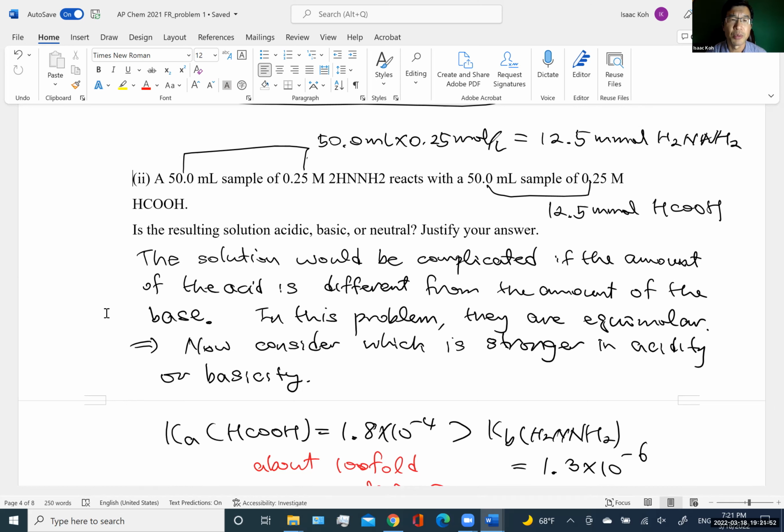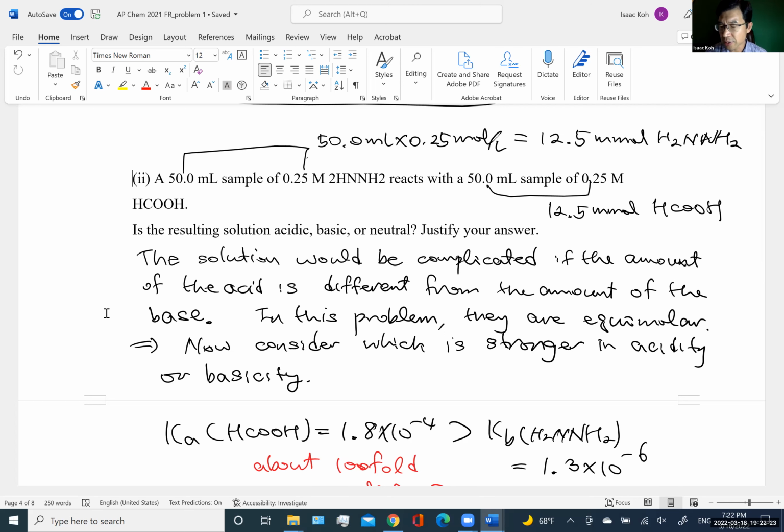So when I calculate the mole number of each species, the volume multiplied by the concentration, it gives me 12.5 millimoles of each of hydrazine and methanoic acid. When the values are different, it becomes complicated because both are weak acid and weak base. But in this case, they are equimolar, their mole numbers are the same, so the calculation is easier.